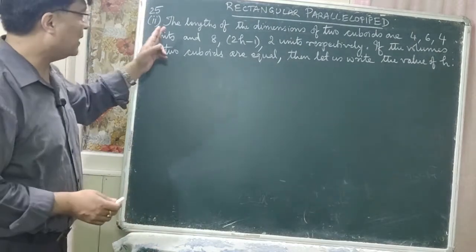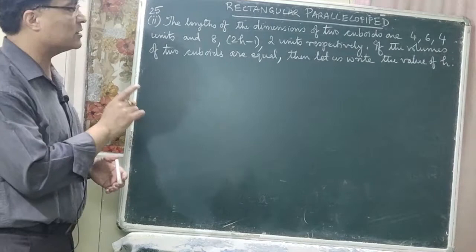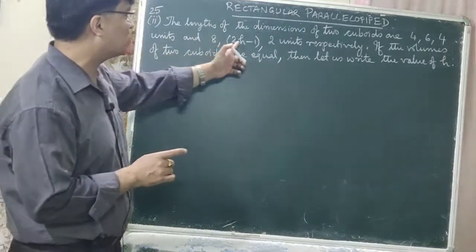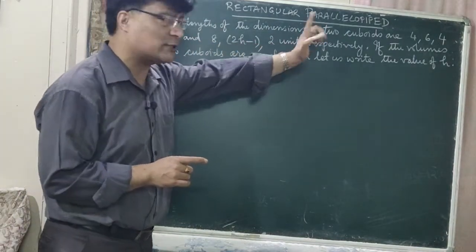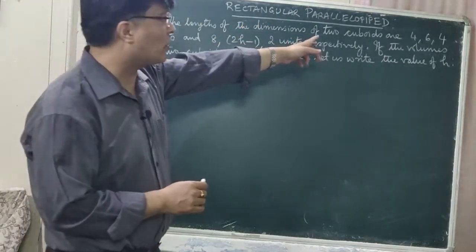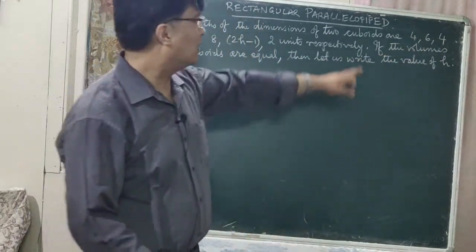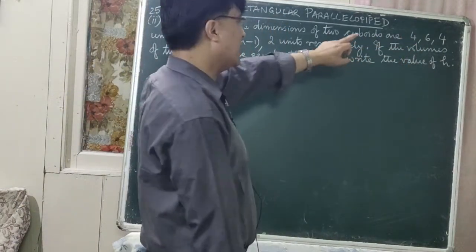Okay, the lengths of the dimensions of the two cuboids are given 4, 6, 4 units and 8, 2h minus 1, 2 units respectively. That means the dimensions of the first cuboid are 4, 6, 4.